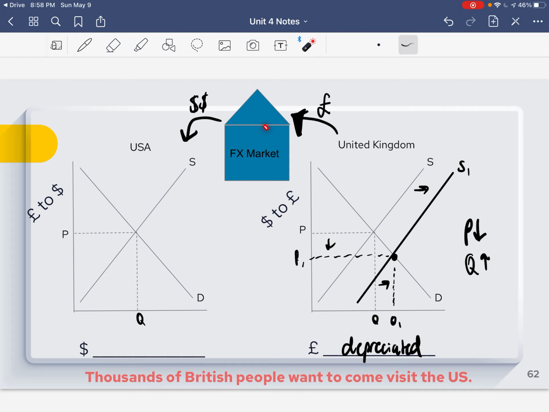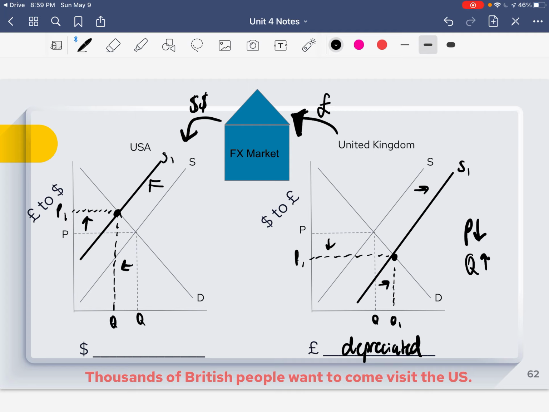So since they've taken out U.S. dollars and they're going to use them in the USA, that decreases supply of dollars in that foreign exchange bank. So if we decrease supply, we shift it to the left. We call it supply 1. Give it an arrow. Find that new equilibrium and go down. That's our new quantity and looks like it decreased. Find that price line and go up.